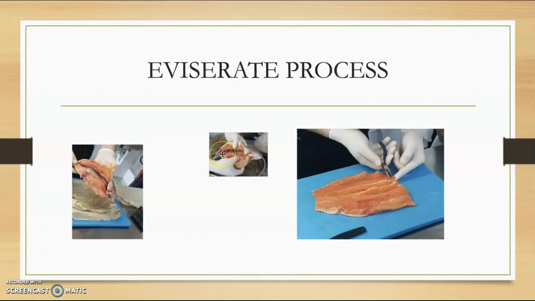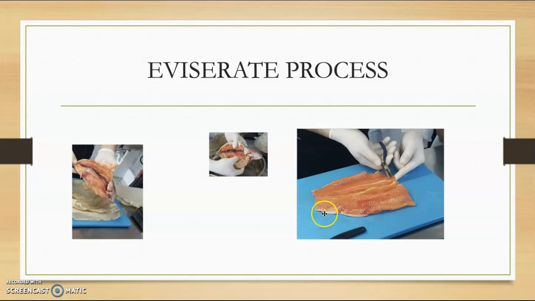When we have the organs, we can always have the cut of the fish as a butterfly. This is a butterfly cut, fish cut. We have removed all the rib cage.